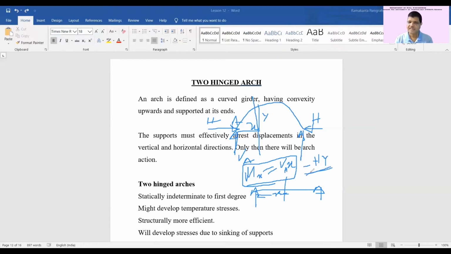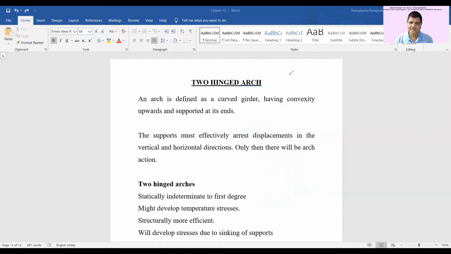So this minus H into y reduces the bending moment at the section, and the horizontal thrust gives compression. For the same bending moment, if you provide a beam, the section will be thicker; since the moment is less in an arch, the section requirement will be less. This is basically the difference between the beam and the arch.